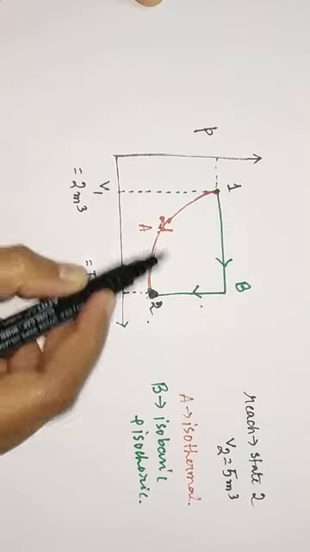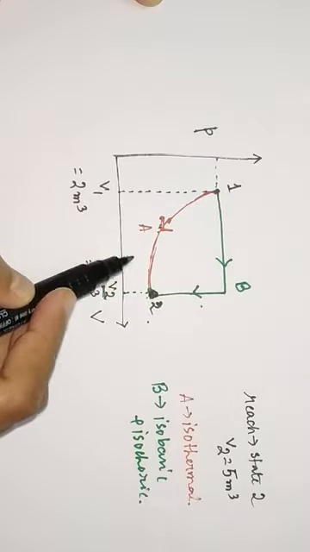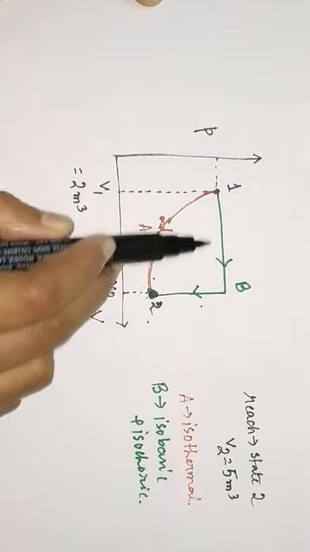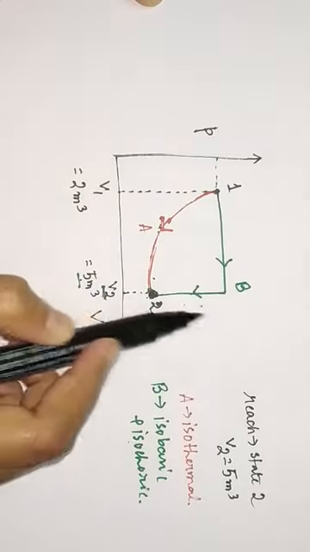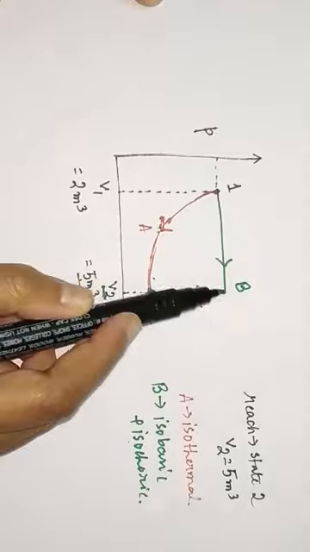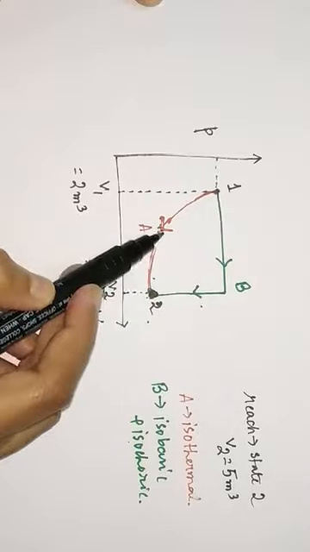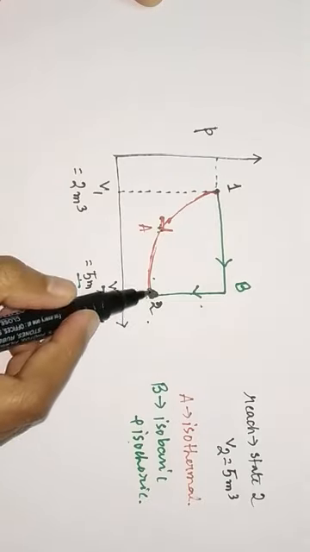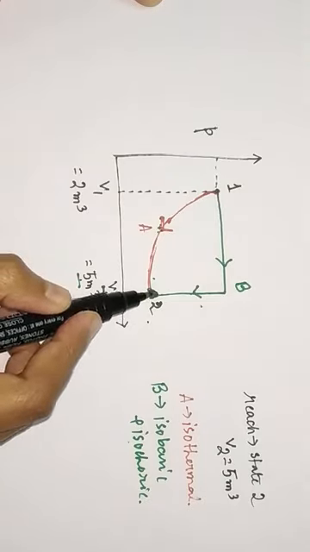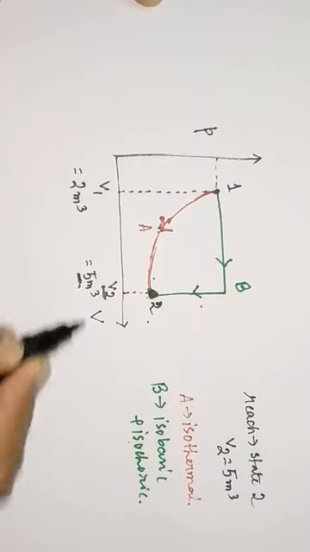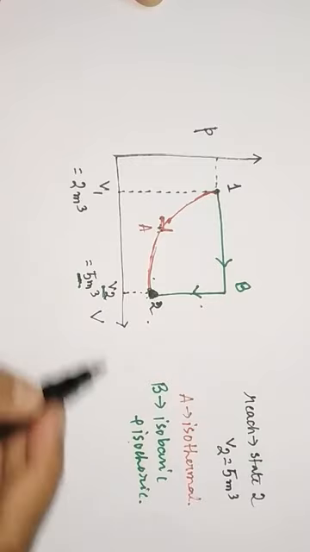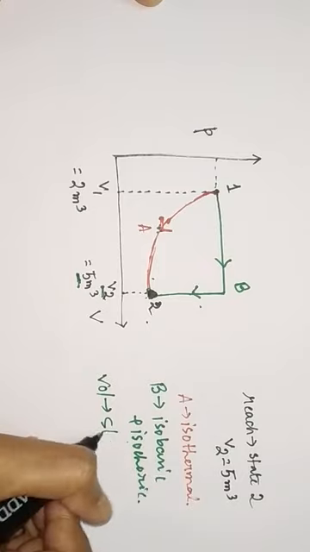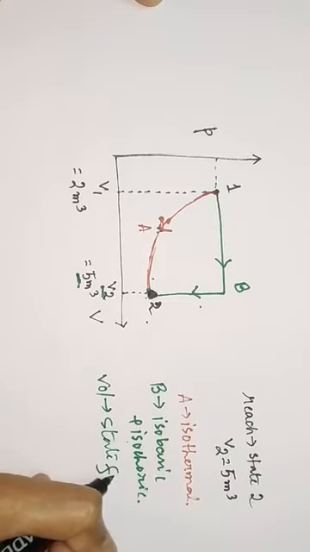It does not depend on which path is taken to reach that state. At first we have taken some isothermal process and then some combination of isobaric and isochoric process, but no matter which path of process is taken, the value of the volume at state 2 will always be 5 meter cube. So the volume is an example of state function or point function.